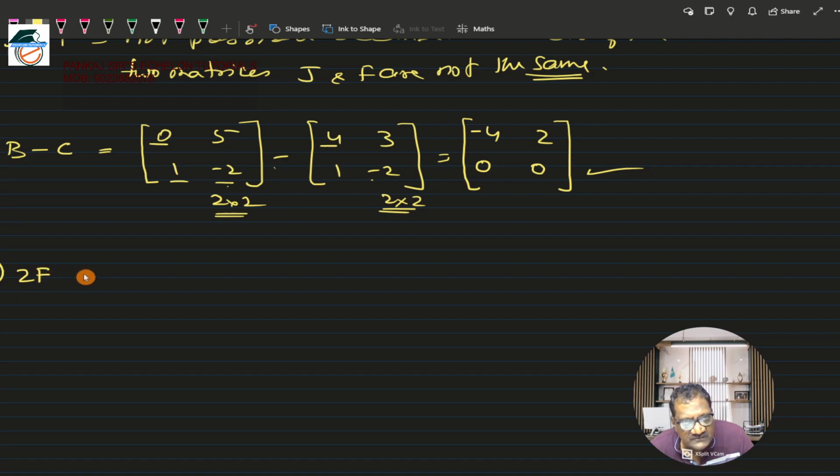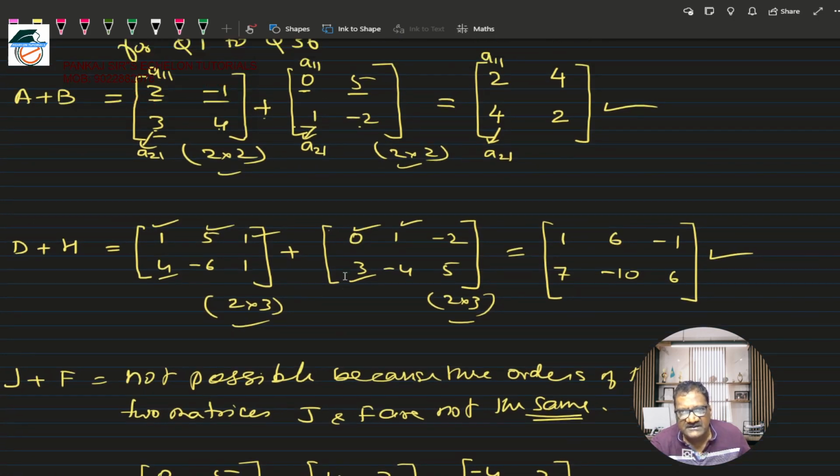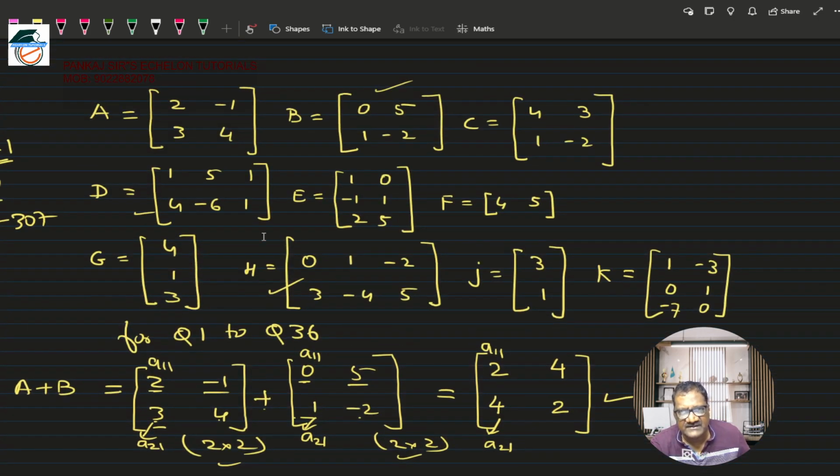Now what is the meaning of this 2f? Okay, 2f means 2 is a scalar quantity. This is multiplied by a matrix f. Okay, now I'll have to check what is matrix f. Okay, so matrix f, you can check it over here also. Okay, so here you have matrix f. Okay, it's this one, right? Can you see that?